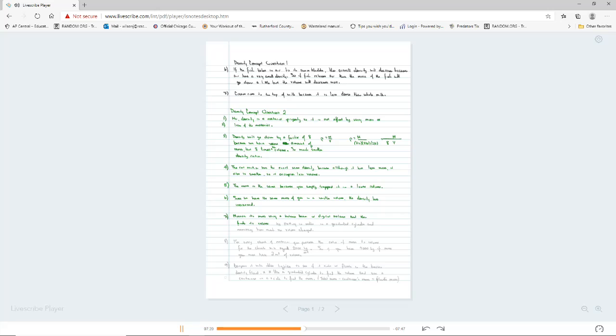For every chunk of material you possess, the ratio of mass to volume for the chunk will equal 2,000 kilograms per meter cubed.